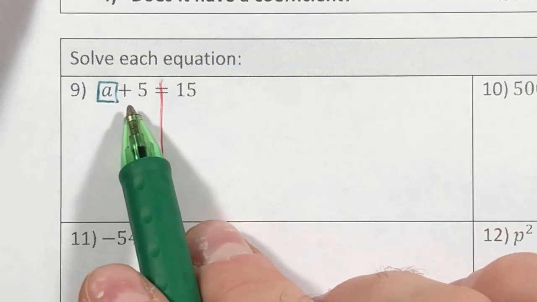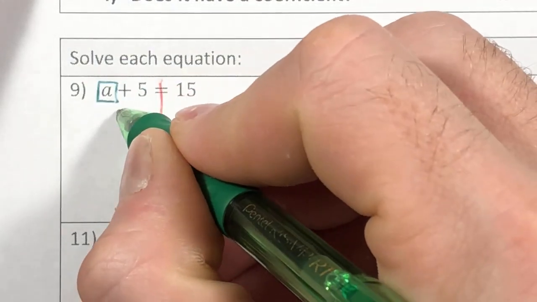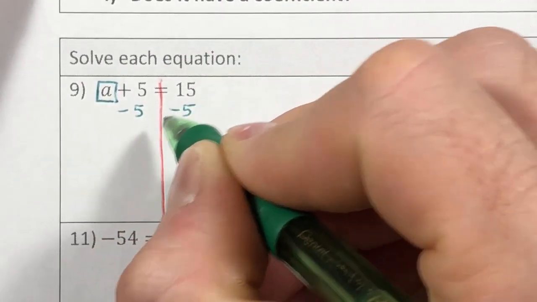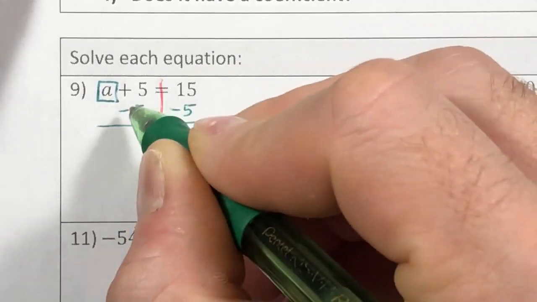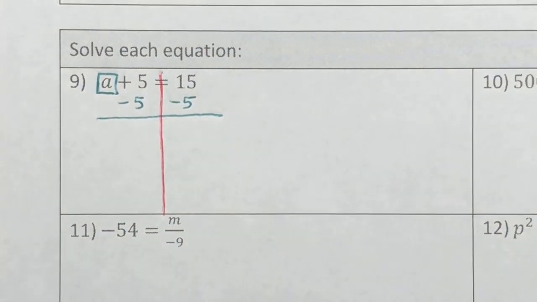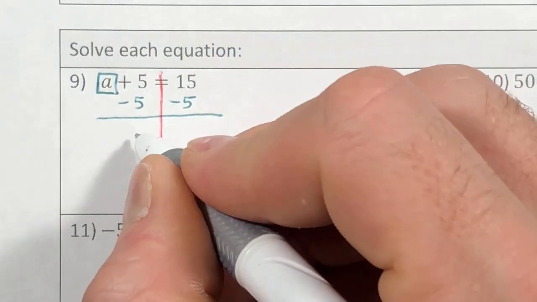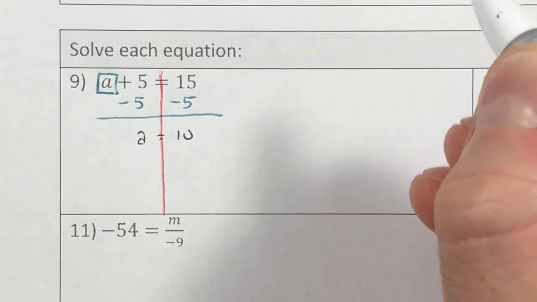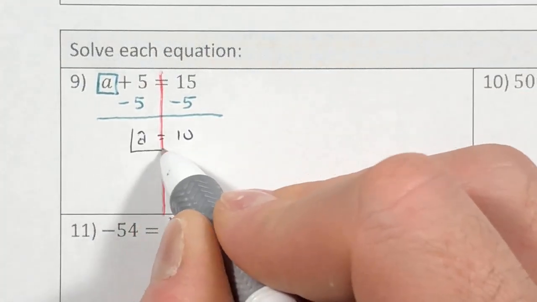And in this case, we do have a plus 5. So I'm going to subtract 5 over here, which means if I subtract 5 on the left, I also do it on the right to make sure my equation stays balanced. Okay, which will bring us to a is equal to 10. And there we go. That's going to be it.